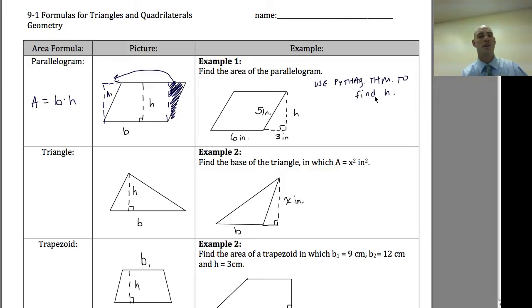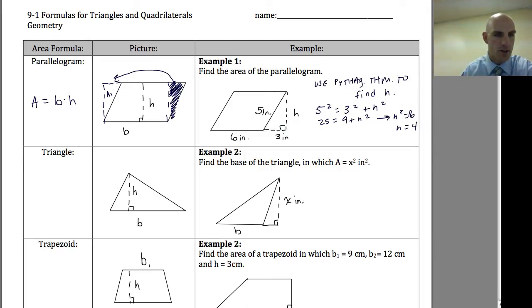In this chapter we're going to be doing a lot more with multiple step problems and finding missing measurements using backdoor techniques. So if I need to find h, notice I've got this right triangle here, and so 5 squared is equal to 3 squared plus h squared. So 25 equals 9 plus h squared. Well, h squared equals 16, so h is equal to 4.